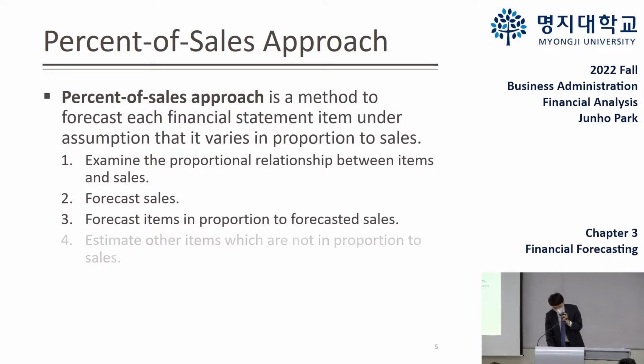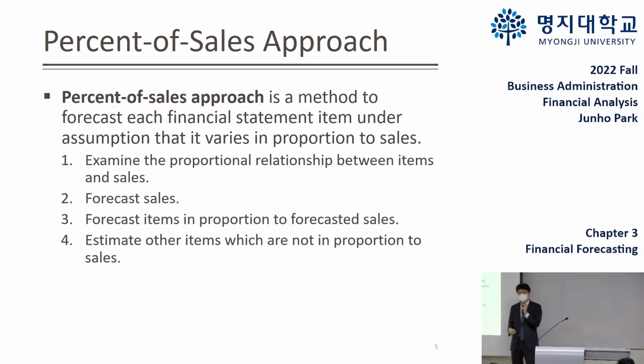And the next step is to think about other items which are not related to your sales. And you can make several assumptions. For example, you can think that because this item has been on the same level for many years, I'm going to assume that it will be the same for the next year.